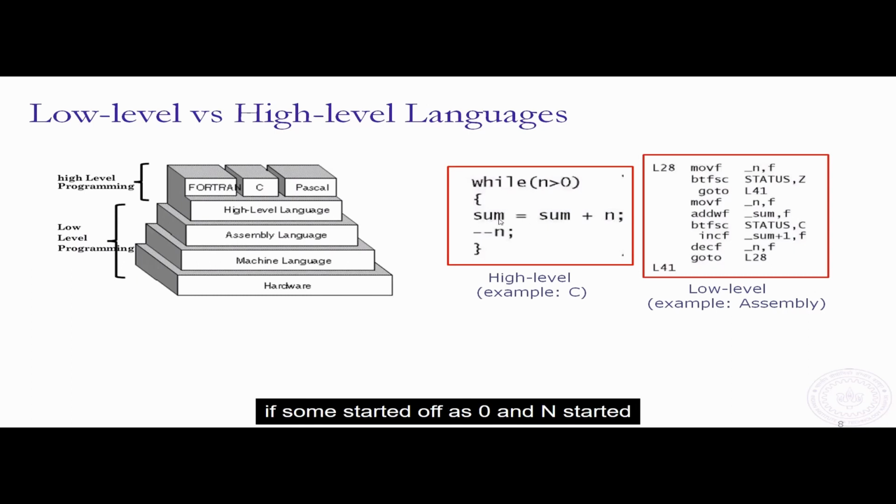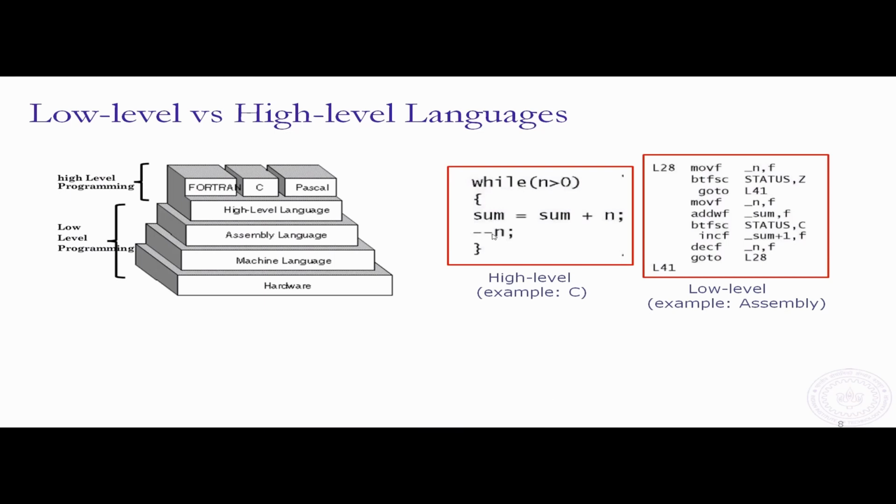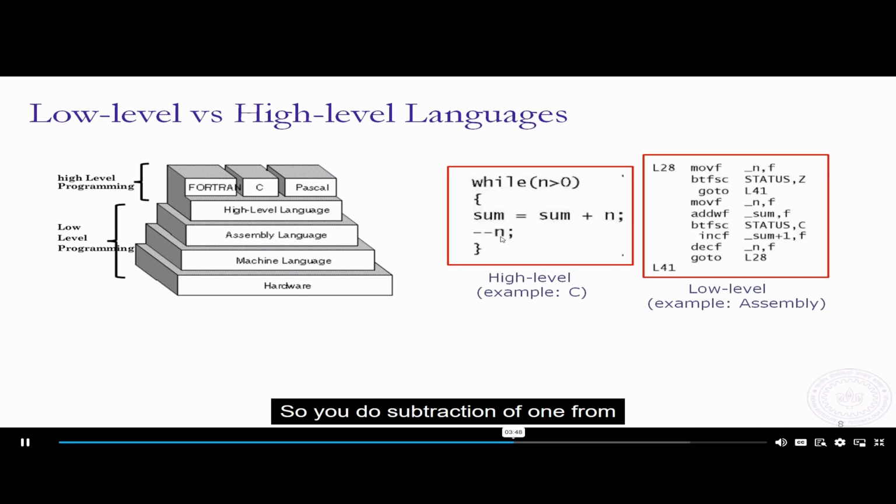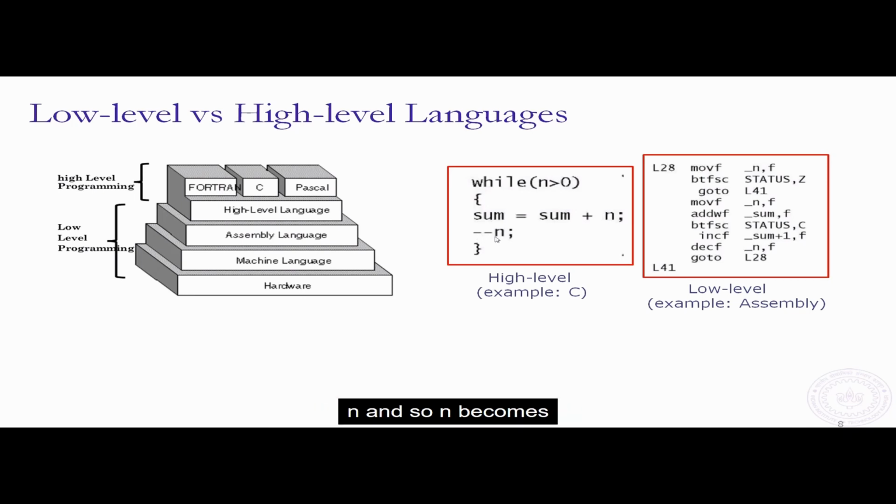So if sum started off as 0 and n started off as 10, then sum becomes 0 plus 10, and then you do this minus minus, which basically means subtraction. So you subtract 1 from n, and so n becomes 9, and then we do this again because the while condition is going to be true as long as n is greater than 0.